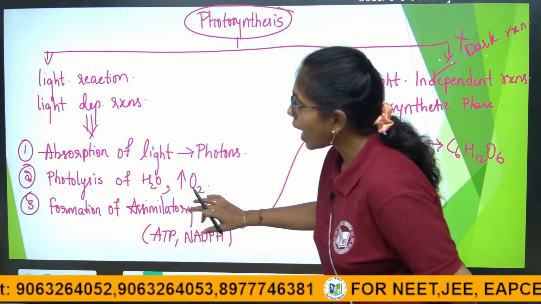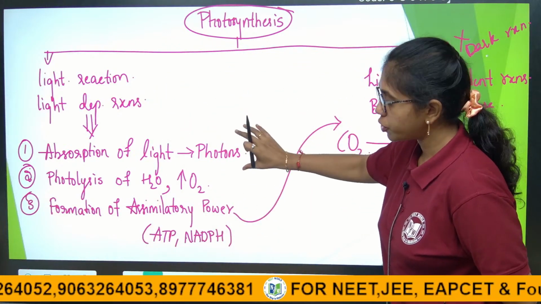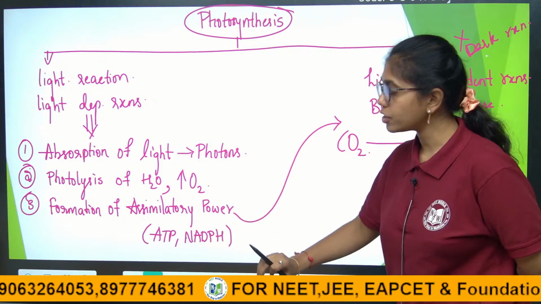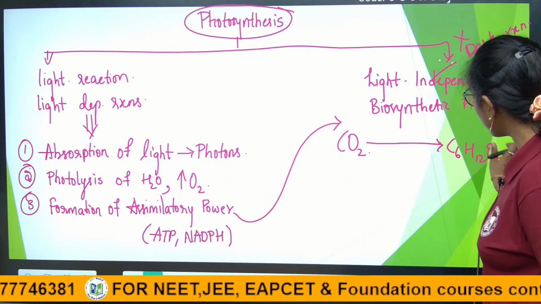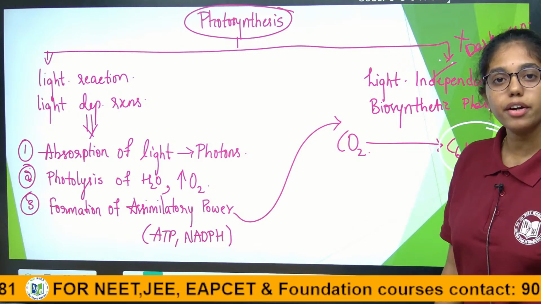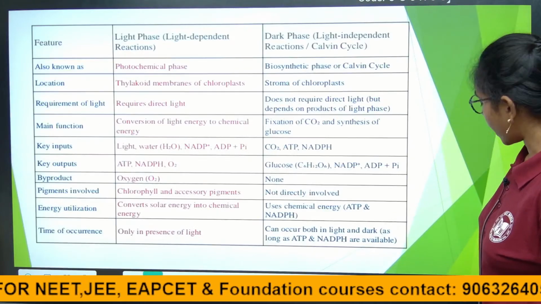Now, where does the absorption of light in the form of photons, the photolysis of water, the formation of ATP and NADPH, and the formation of glucose take place? This you have to know. Where are the actual locations?